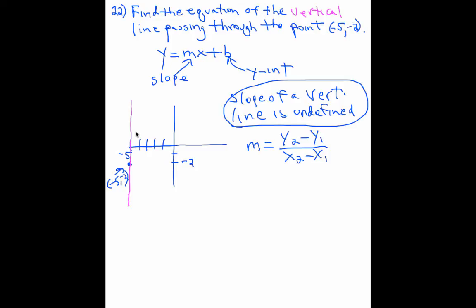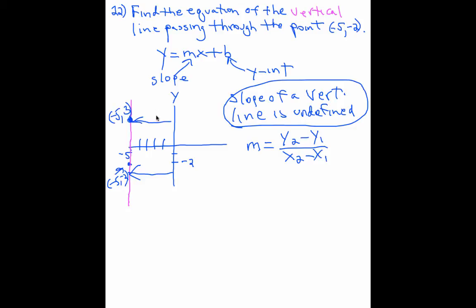Along a vertical line, since the distance from the y-axis to the line is constant, it's always the same, the x will always be the same distance away. So for example, we would have a point here, the x would be negative 5, and let's just say it's 3.